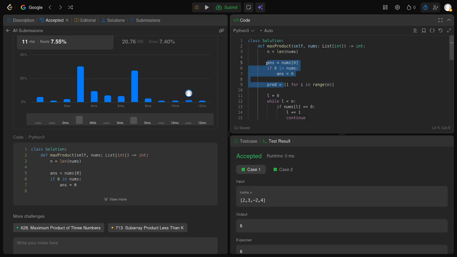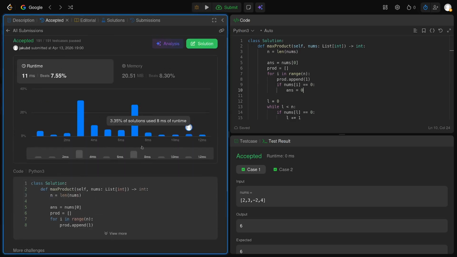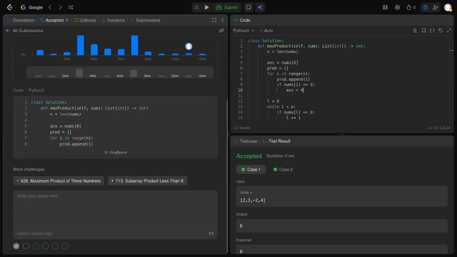Maybe if I put it into 1, so product is this, no, but append is gonna be slow also, so if num 0 ans 0, maybe. Let's see. Yeah, that didn't really help.